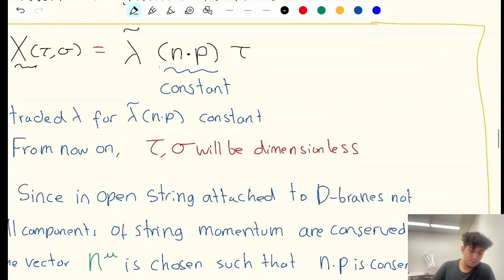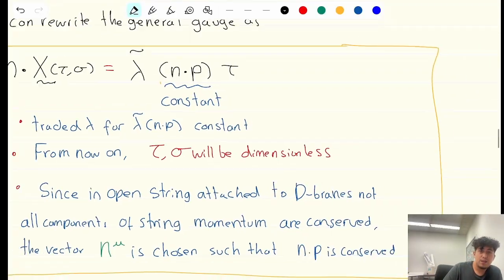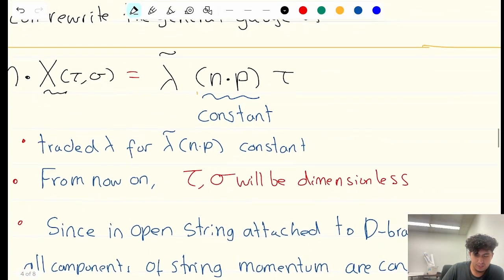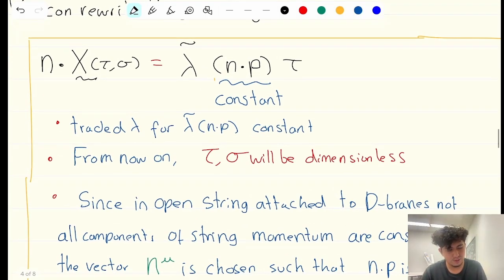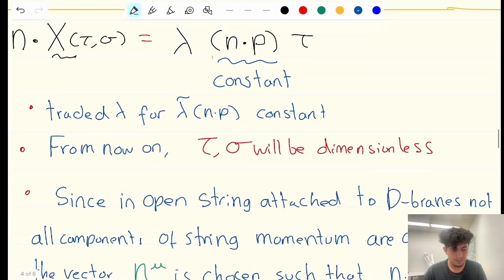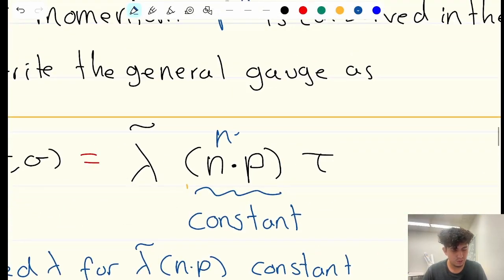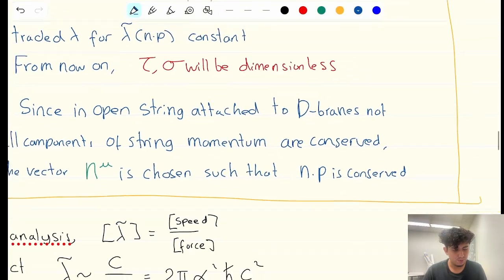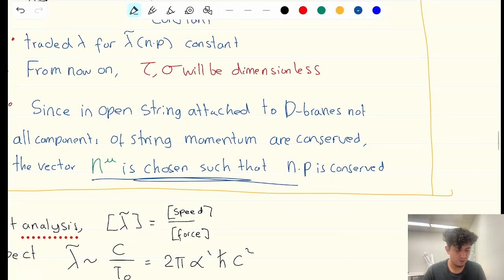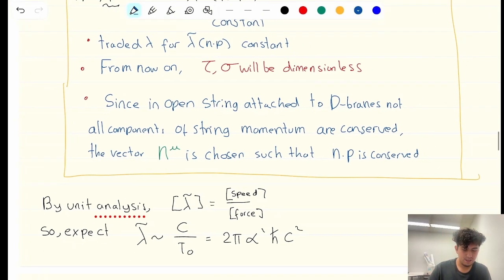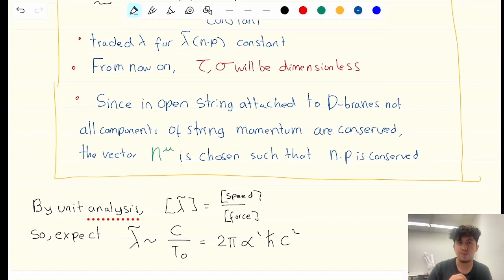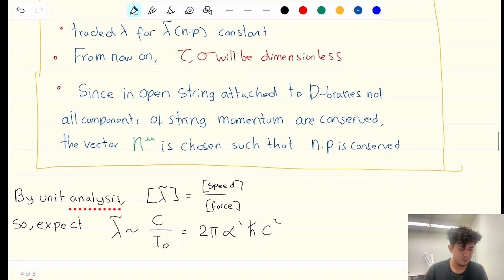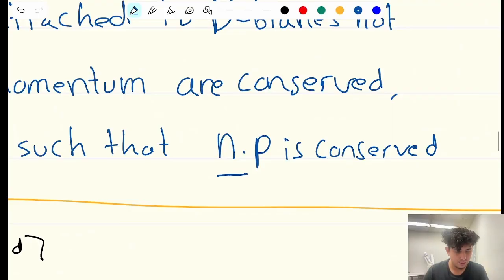We know that the open strings are attached to D-branes, so in order for this quantity to be conserved, we're going to require n to be chosen such that we conserve the momentum. That's the way we're going to choose n. This is just to keep up the n dot p conservation.